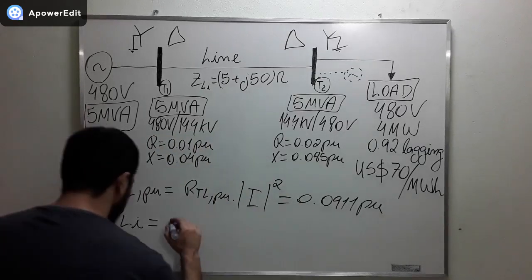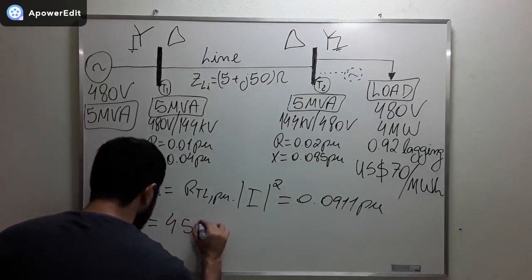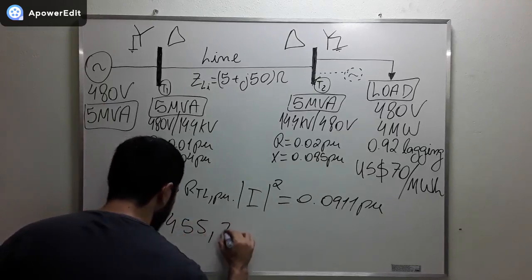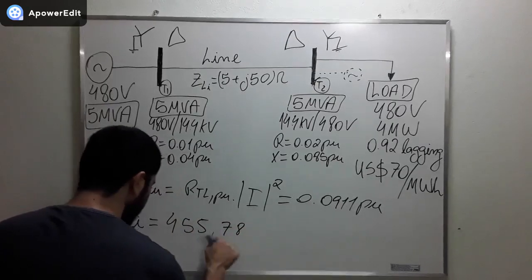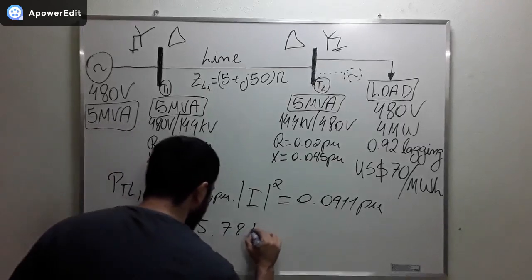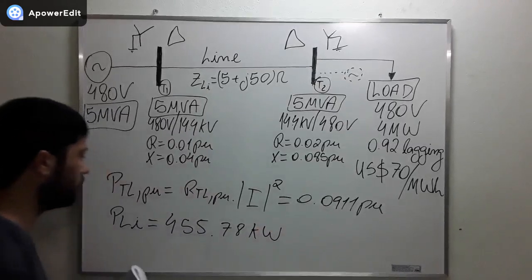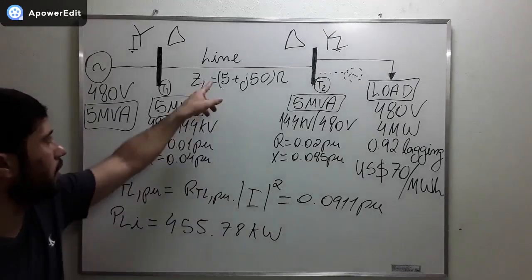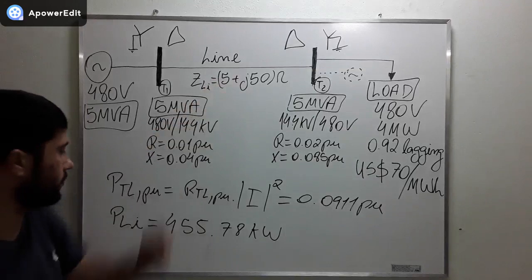I already did the calculus, and then I found 455.78 kilowatts. So this is the amount of real power lost along this line here.